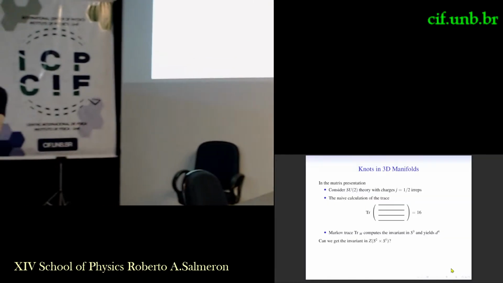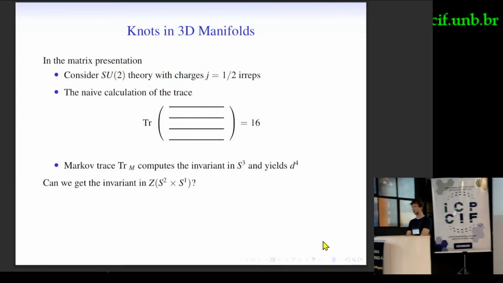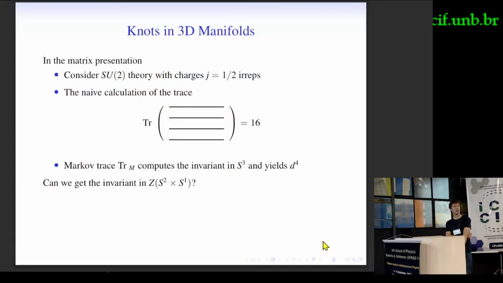So how do we compute this trace that was shown in the previous slide, when you have a cylinder and you close the cylinder? I haven't said this yet, but for 4 spin 1/2 particles, we expect the dimension to be 2, and I will explain it a bit later. So I want a trace that will compute this identity operator and give 2 instead of 16, or instead of D to the 4.